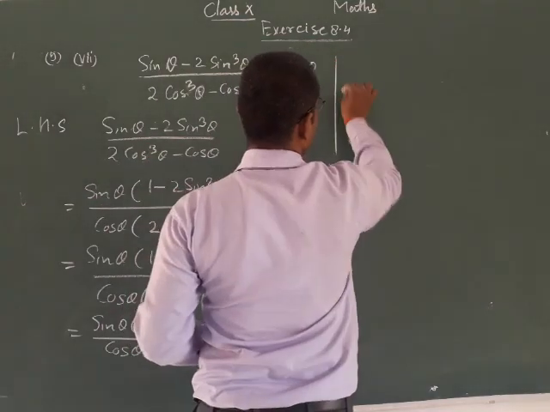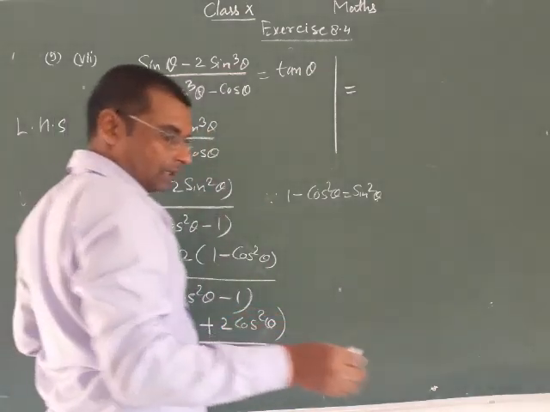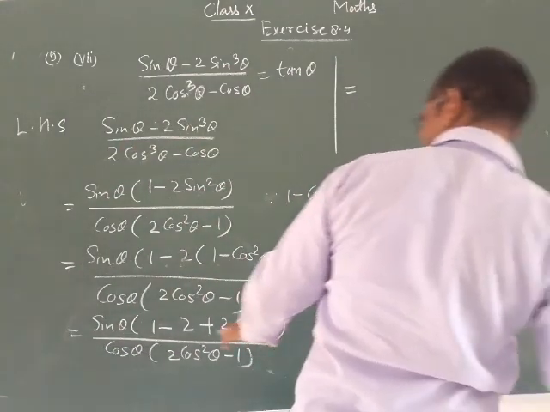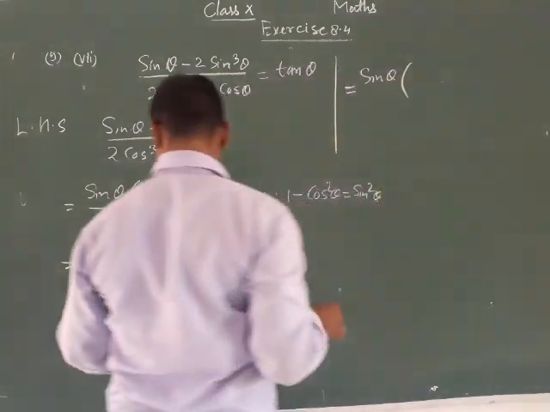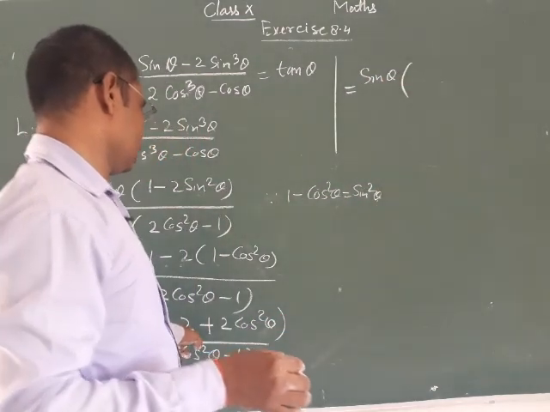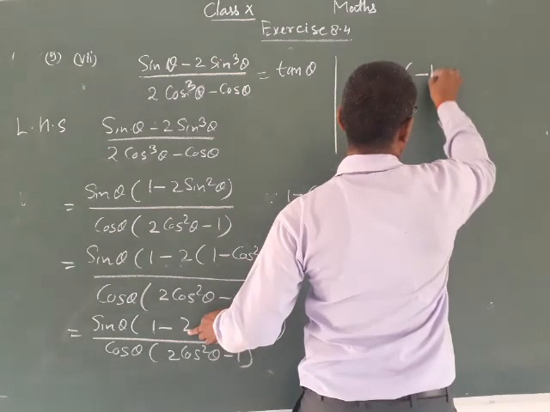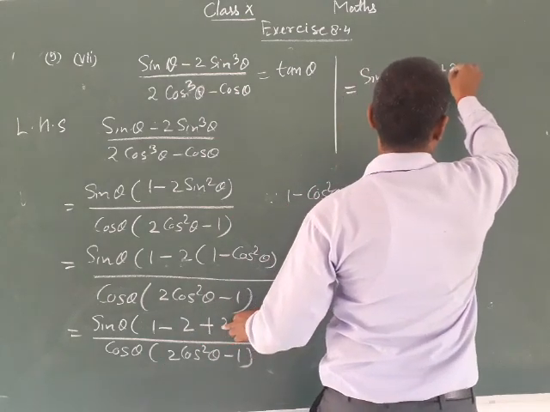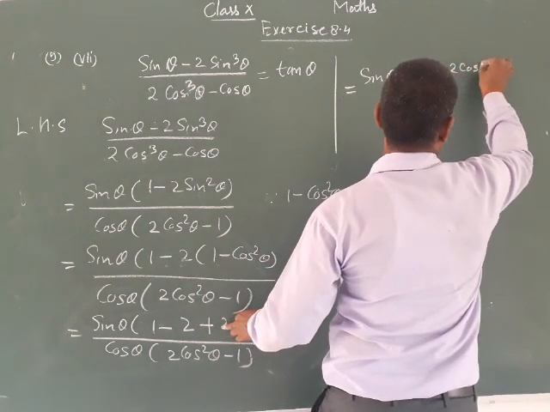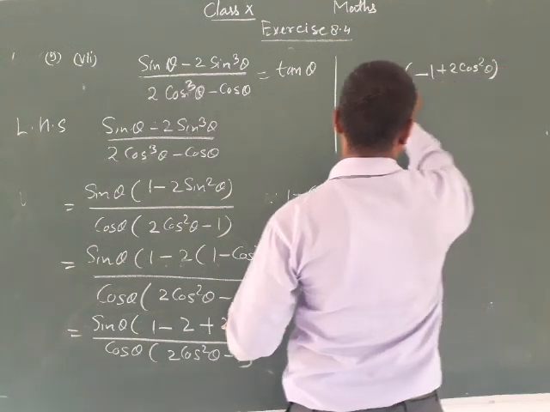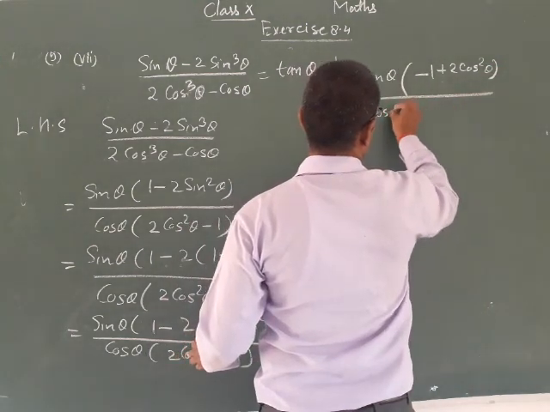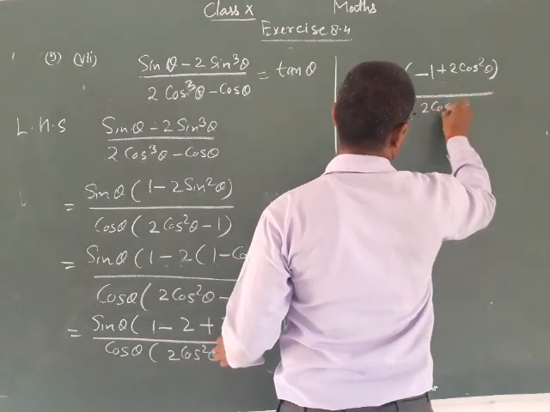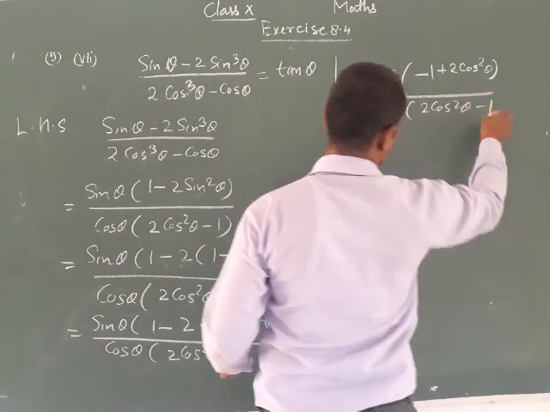So we get sin theta times (minus 1 plus 2 cos square theta) upon cos theta times (2 cos square theta minus 1).